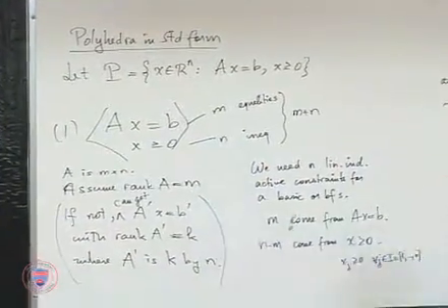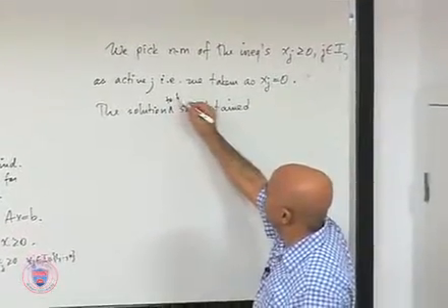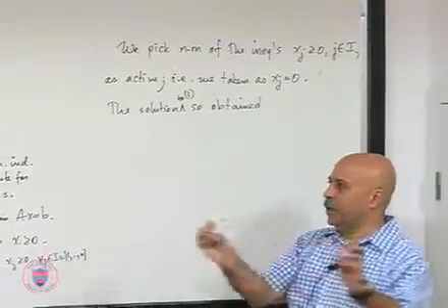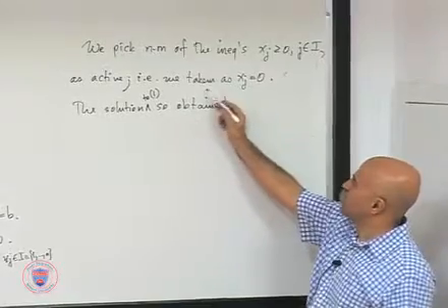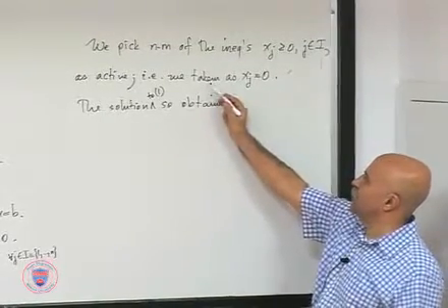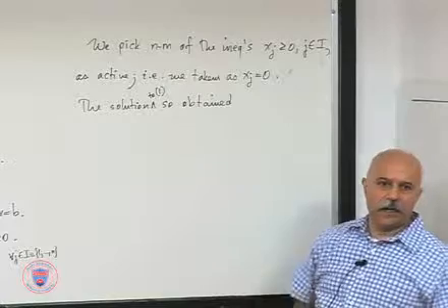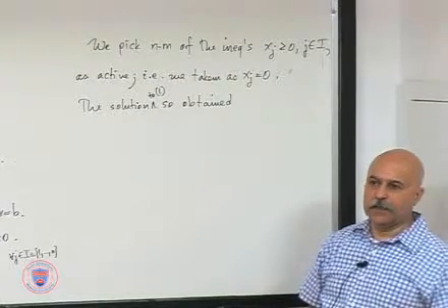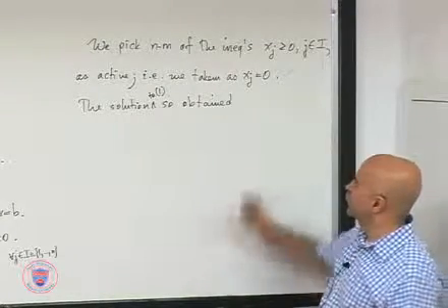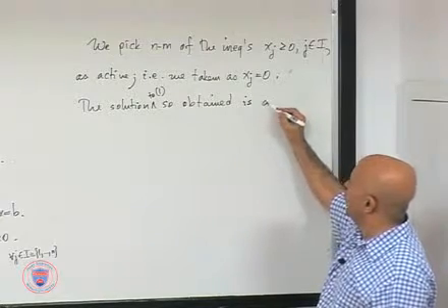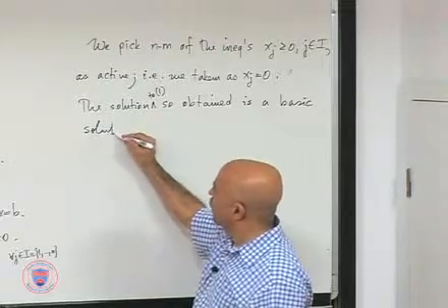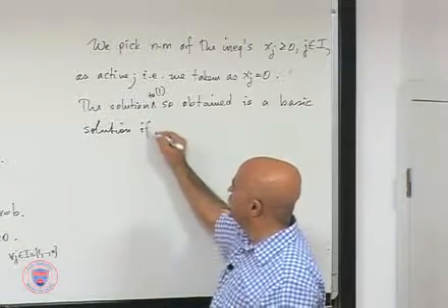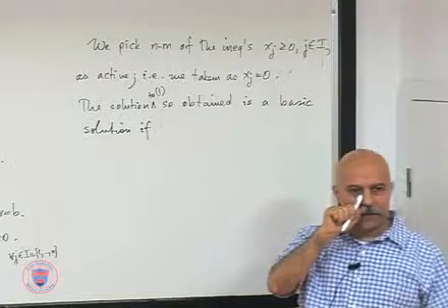The solution to the system 1 consisting of Ax equals b and x greater than or equal to 0, so obtained, meaning that xj are set equal to 0 for n minus m of the variables, is a basic solution if what condition is satisfied?